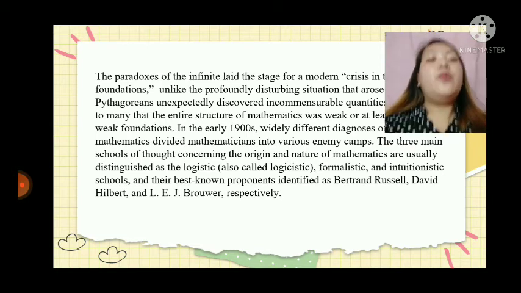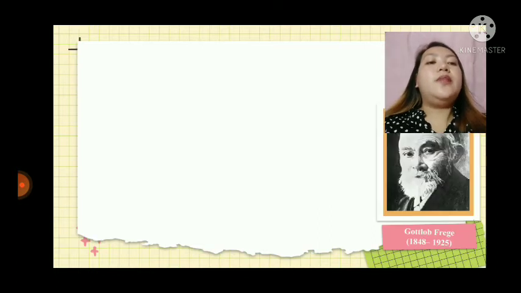The three main schools of thought concerning the nature of mathematics are usually distinguished as the logistic, the formalist, and the intuitionist schools, and their best-known proponents identified as Bertrand Russell, David Hilbert, and L.E.J. Brouwer, respectively.